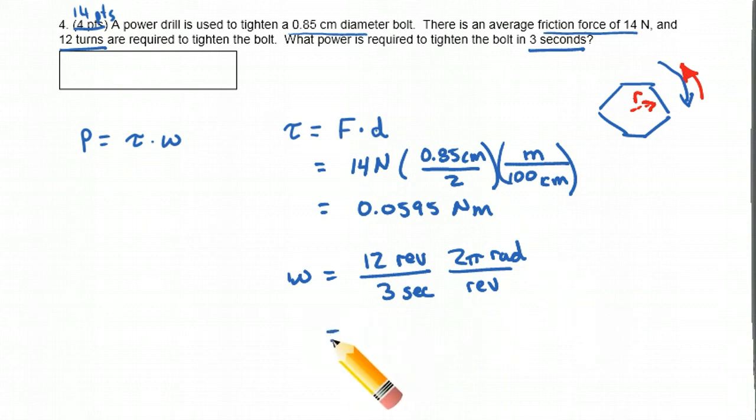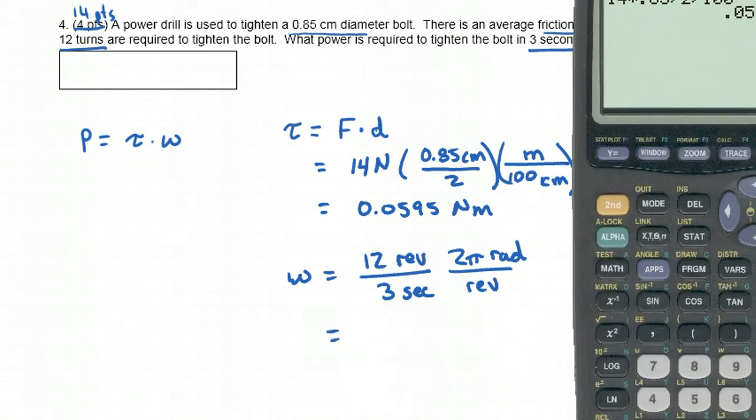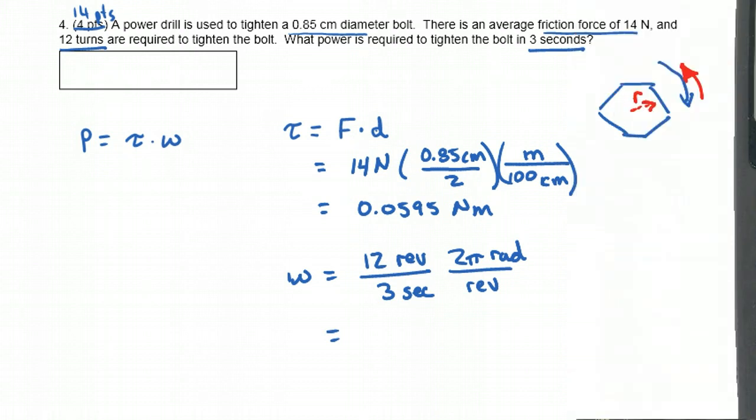So that's 12 divided by 3 times 2 times pi, which is 25.13 radians per second.